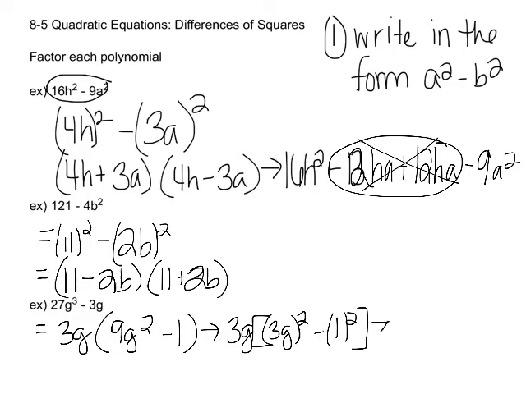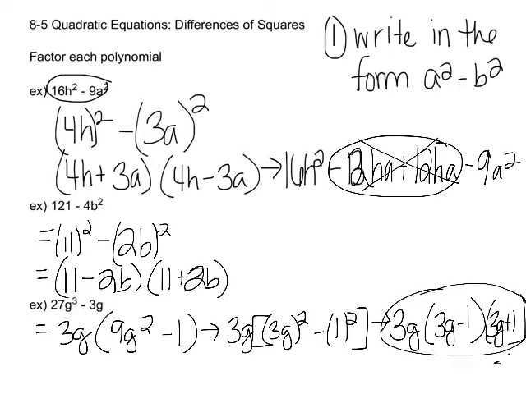And that's going to give me 3g times 3g minus 1 times a 3g plus 1 as my final answer. So I just factored out what they had in common so that I could find my a squared minus b squared.